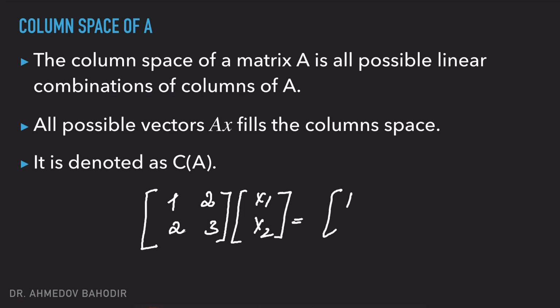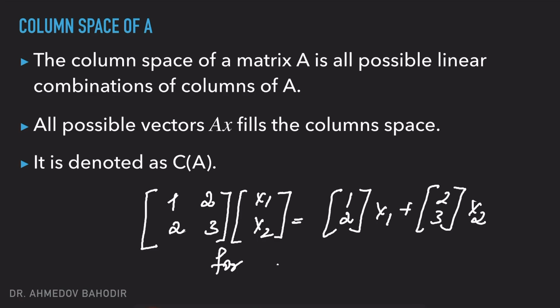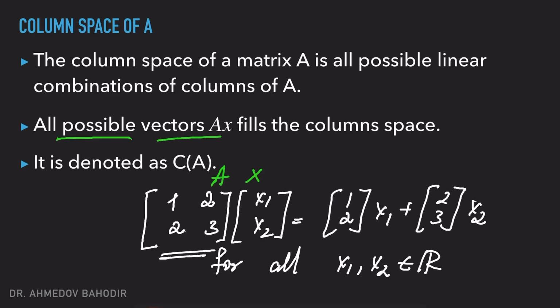So 1 and 2 is going to be multiplied by x1, plus 2 and 3 multiplied by x2, for all values of x1 and x2 from the real numbers, and that is going to be the column space of this matrix A. That is why, if you look at this matrix multiplication as Ax, we say that all possible vectors Ax fill the column space.